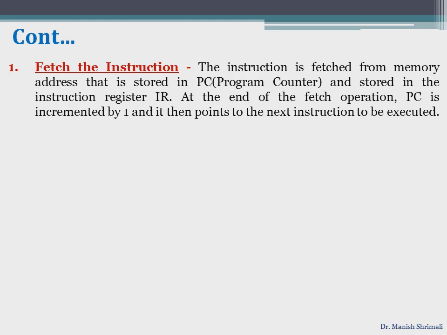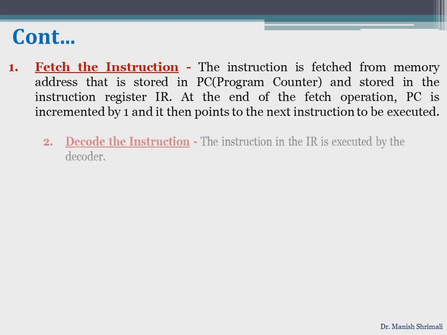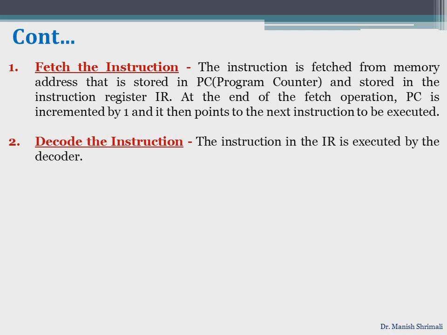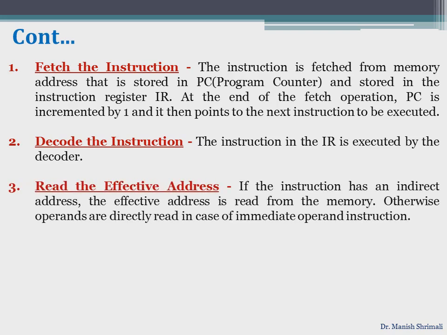In decode the instruction, the instruction in the instruction register is decoded by the decoder. Then it is followed by reading the effective address: if the instruction has an indirect address, the effective address is read from the memory, and otherwise the operands are directly read in case of an immediate operand instruction.